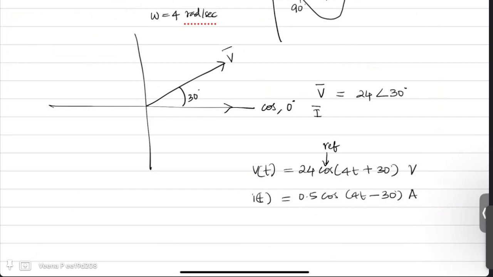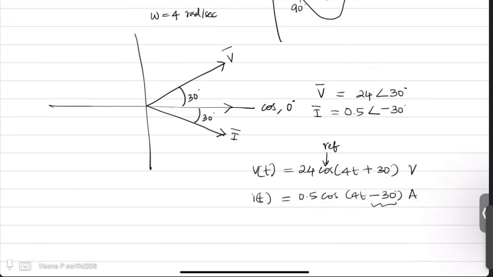Similarly, for current, the magnitude is 0.5 and the angle from the reference axis, which is the cos axis, is minus 30. So the current will be 30 degrees moving in the clockwise direction. So here is your current. This is how you represent in the phasor domain.